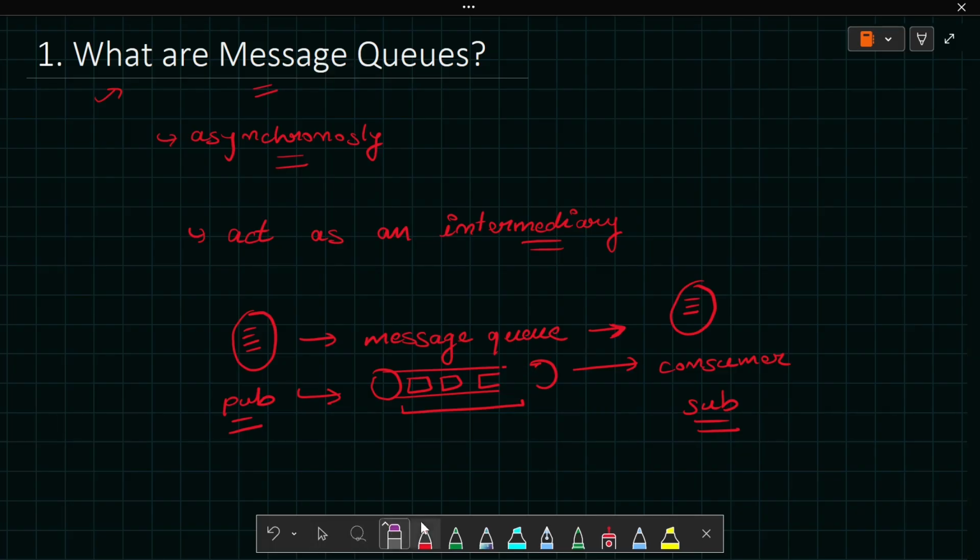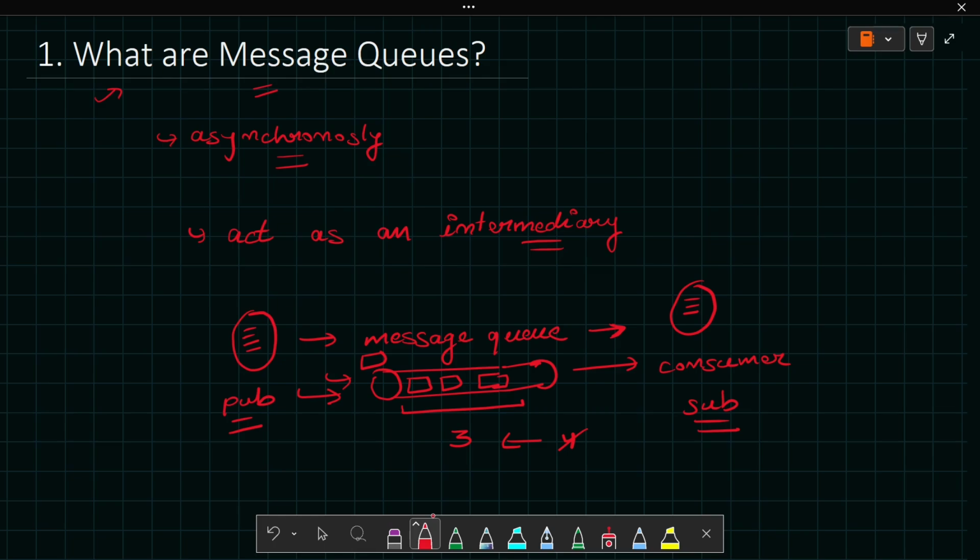Now this message is removed. Now we only have 3 messages here. Previously we had 4 messages. And then when there is available space, we can add another message from the publisher here. This is how the message queue works actually.